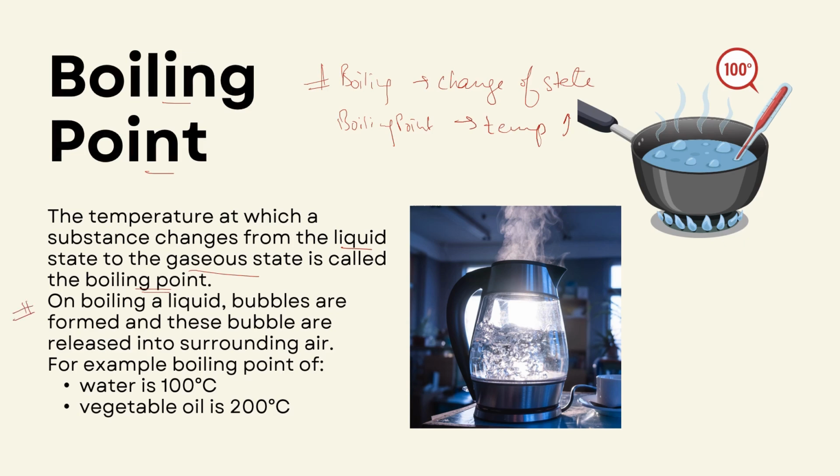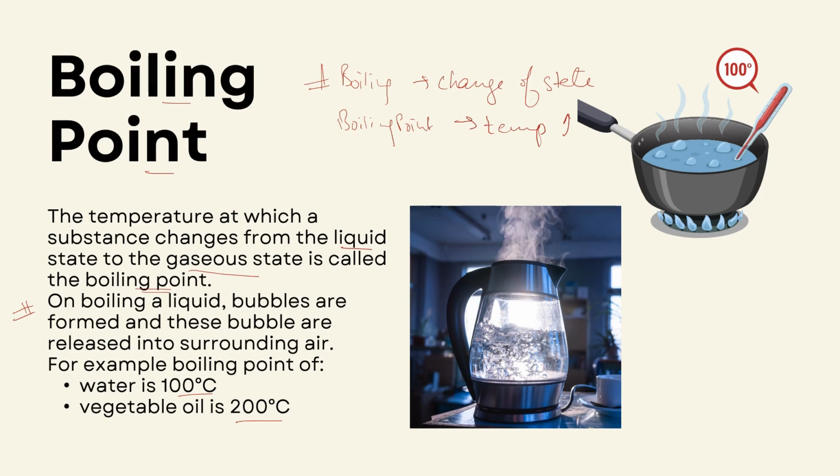On boiling a liquid, bubbles are formed and these bubbles are released into the surrounding air. For example, the boiling point of water is 100 degrees Celsius and vegetable oil is 200 degrees Celsius. You might have seen many times that while you're boiling water in a kettle, there is bubble formation, and that leads to steam, and then that steam disappears after a certain point.